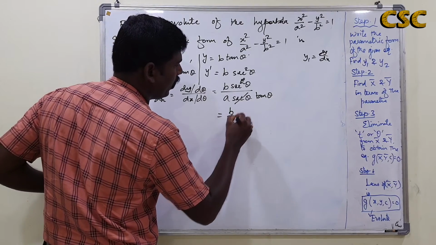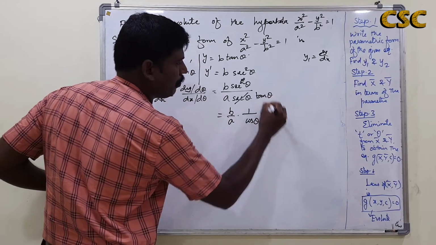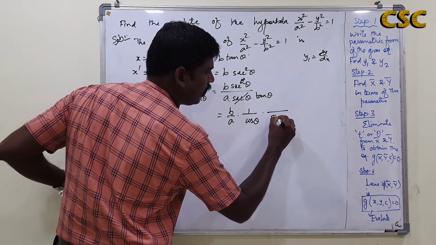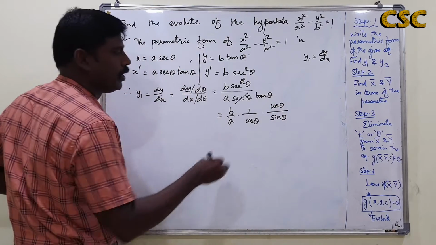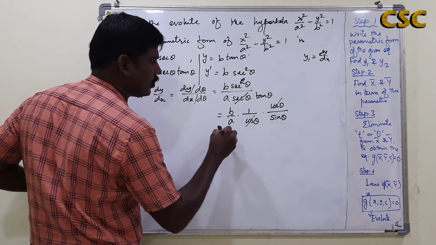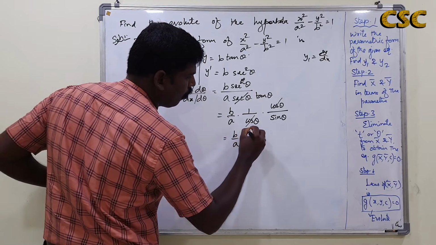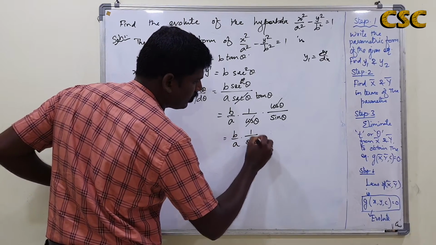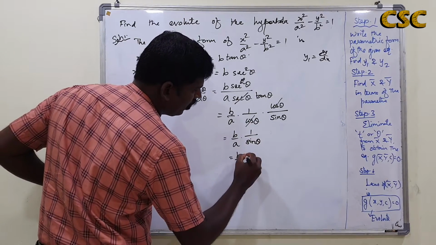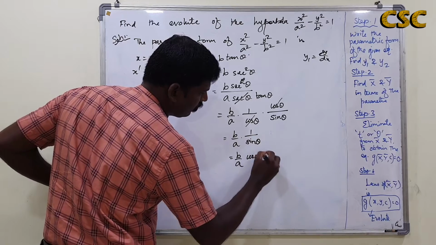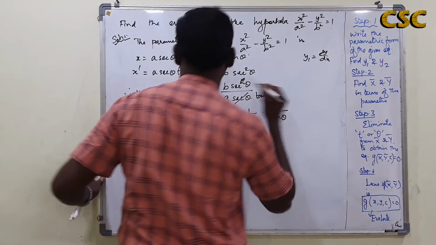So b by a into 1 by cos theta into 1 by tan theta, which is cos theta by sin theta. We can cancel cos theta with cos theta. That is equal to b by a into 1 by sin theta, which is b by a cosecant theta, the value of y1.